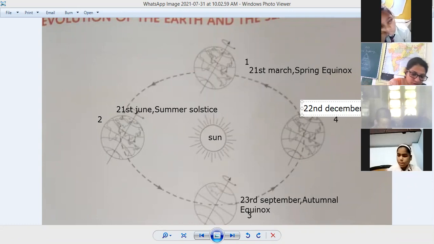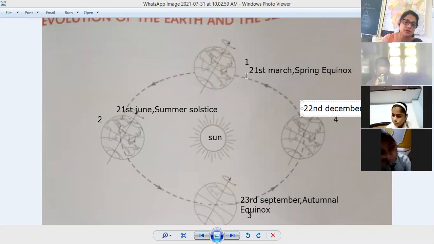Comma, winter solstice. Fine. So here the northern hemisphere is away from the sun. So here is the winter solstice. Okay.